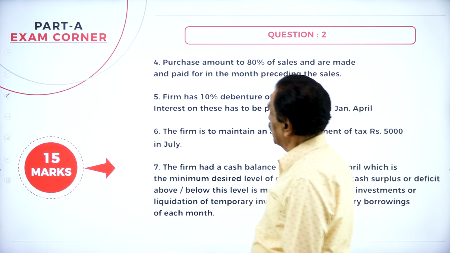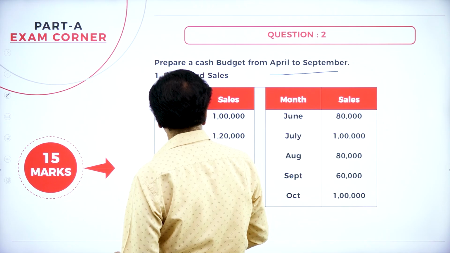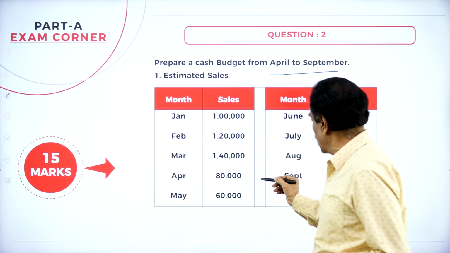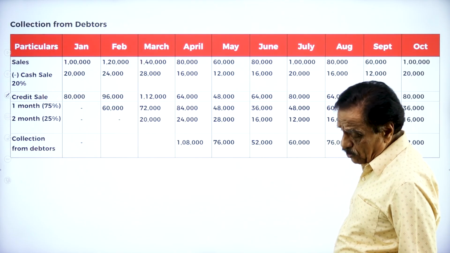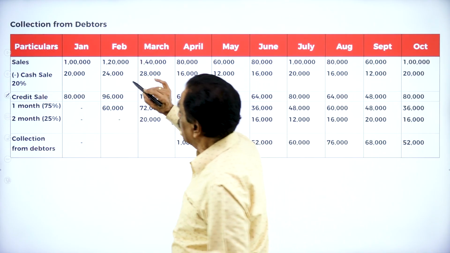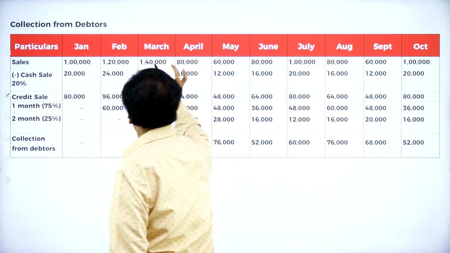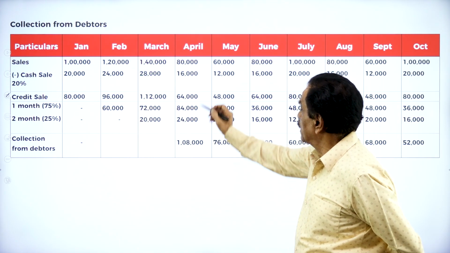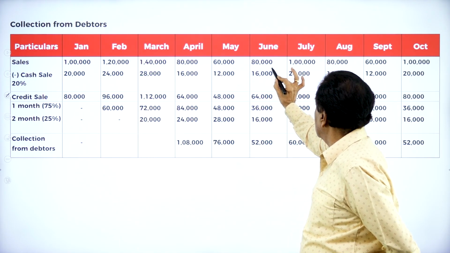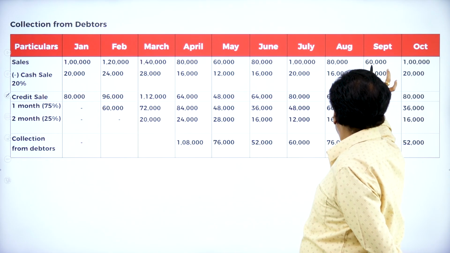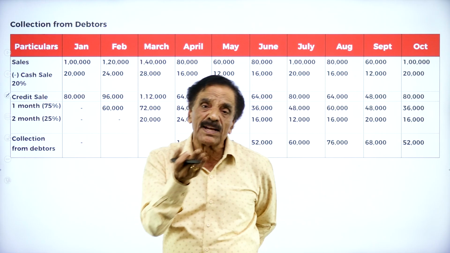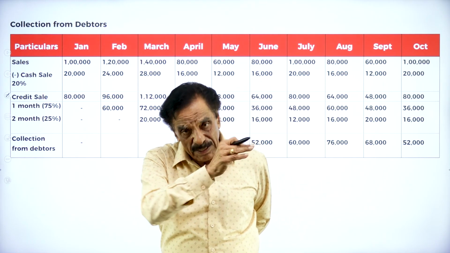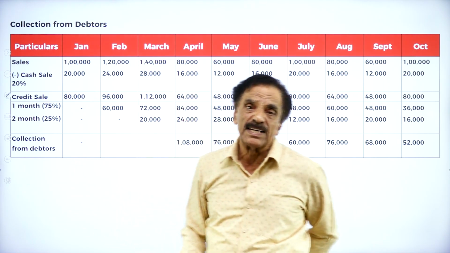So we'll go with the working note regarding the sale. Here the sales are 1 lakh, 1,20,000, 1,50,000, 80,000. Here I'll show you slowly. Collection from debtors: sales are 1 lakh, 1,20,000, 1,40,000, 80,000, 60,000, 80,000, 1 lakh, 80,000, 60,000. When you say sales, it includes the cash sale as well as the credit sale.